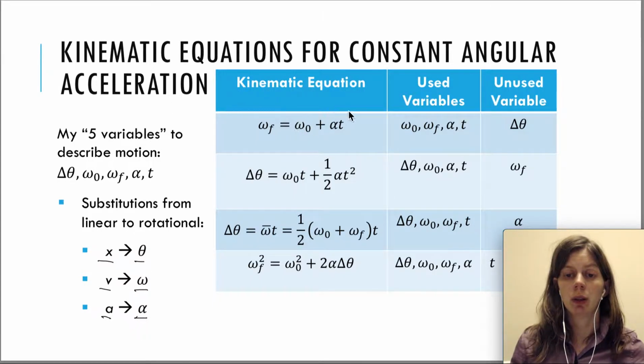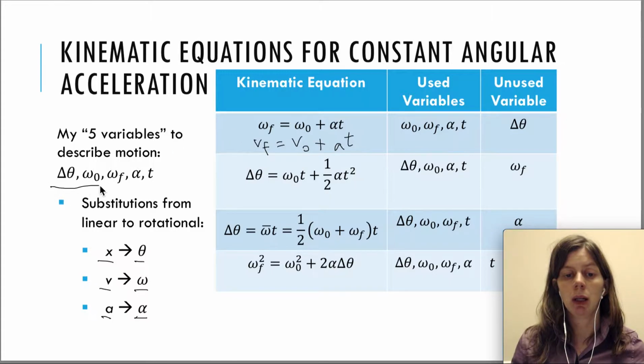Do you remember what this equation used to look like? It used to look like v final equals v initial plus a t. And now we just make these three substitutions. And so we have omega final equals omega initial plus alpha t. So how do we use this kinematic equation? The same way that we used it before, except that our variables are now different.